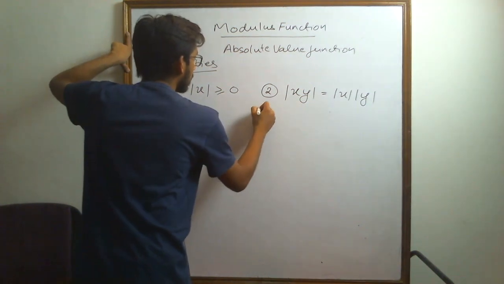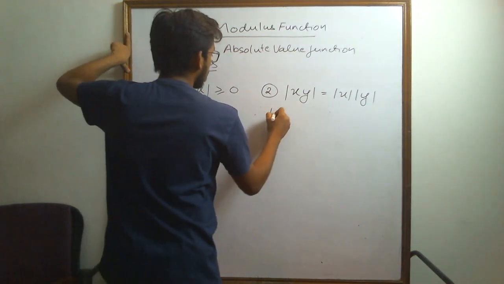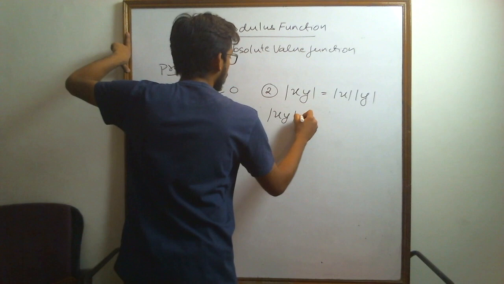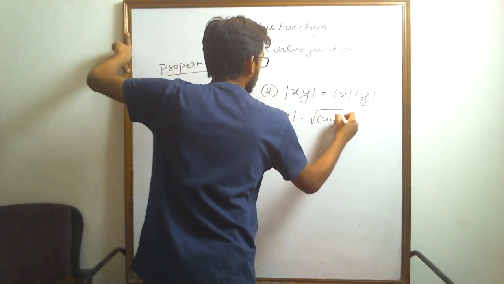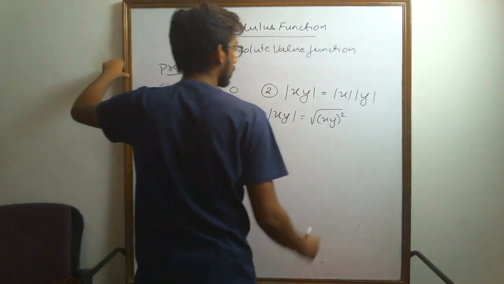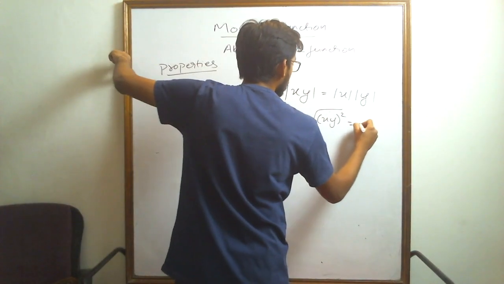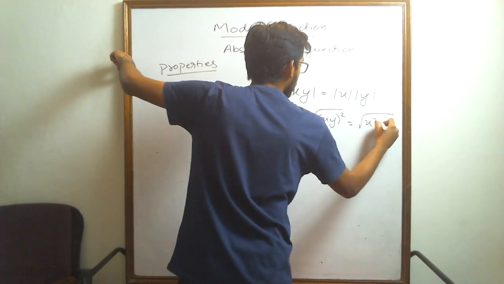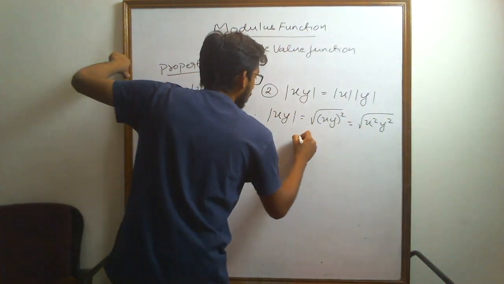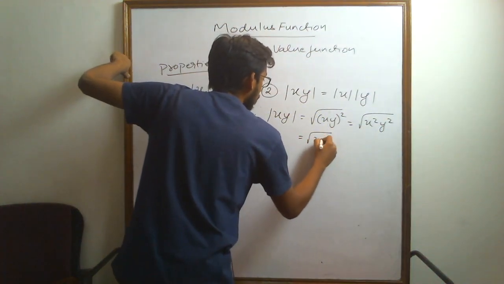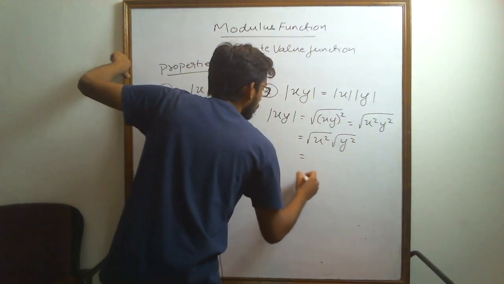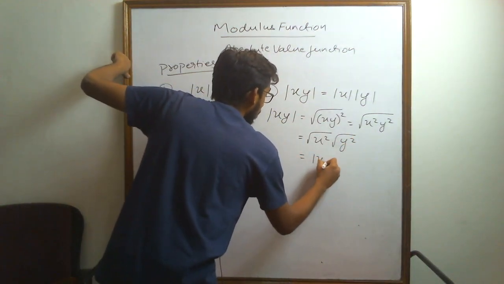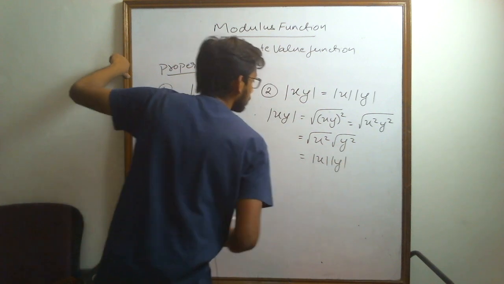This can be proved by writing mod xy is equal to square root of xy whole square, which is equal to square root of x square into y square. We can write the square root sign on each of them individually, and this would mean this is equal to mod x into mod y.